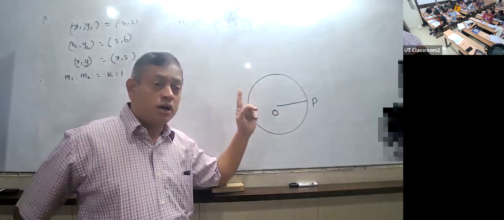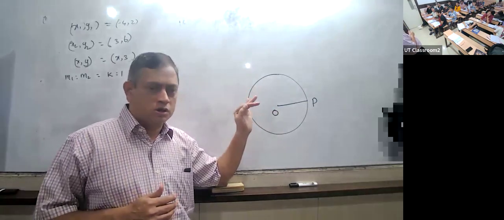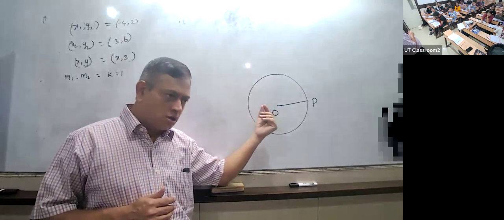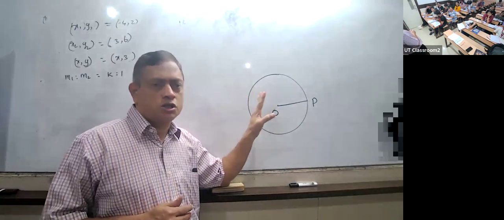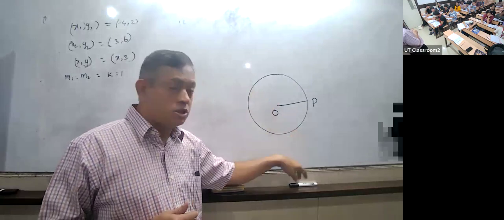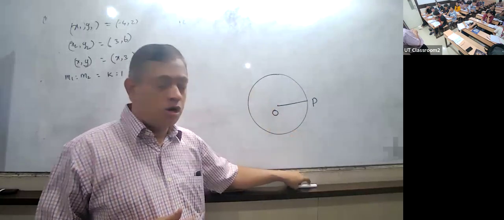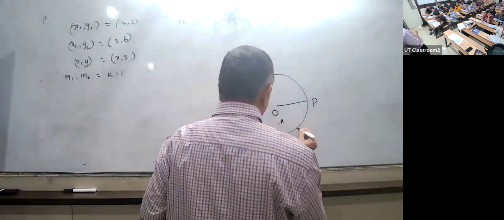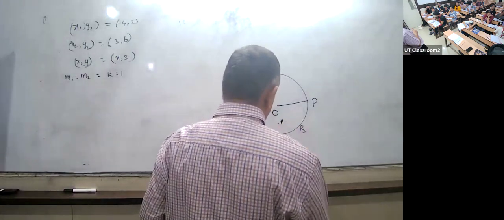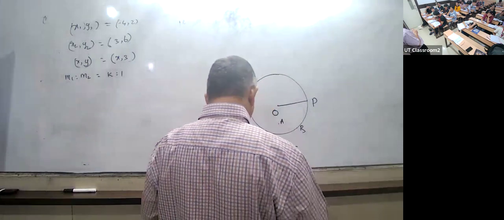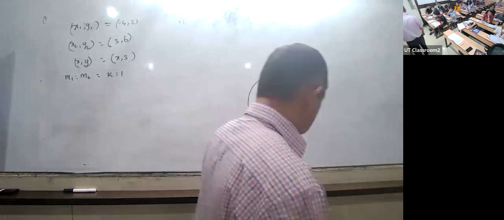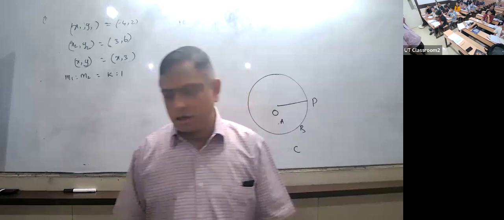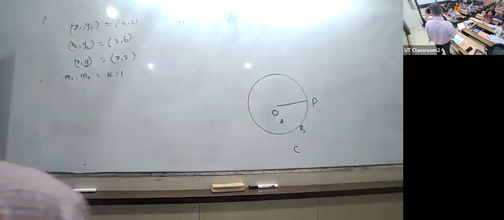So the circle divides the plane into 3 sets of points: points interior to the circle, points on the circle, points exterior to the circle. Where is P? On the circle. Suppose I take 3 points A, B, C. A is inside the circle, B is on the circle, C is outside the circle.